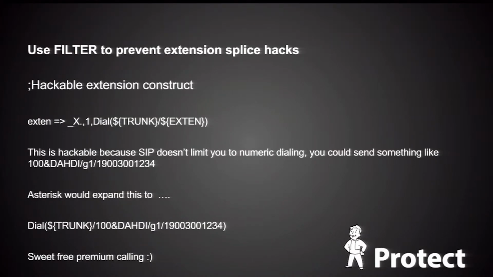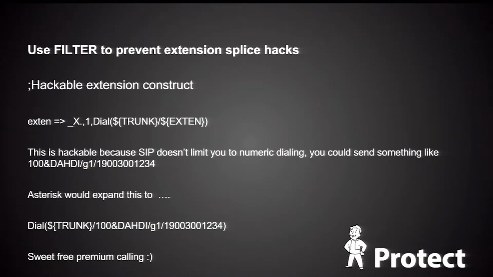Filter. Filter is the single most useful function in Asterisk. If you're not using filter all over the place, you could be in trouble. What filter does is it lets you filter out unwanted digits or names, and in the SIP world, anything can be passed. You can pass semicolons, you can pass quotations, you can pass all sorts of fun stuff.